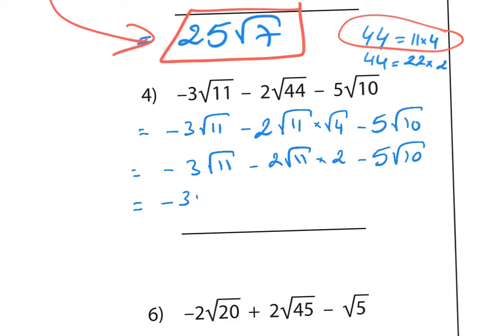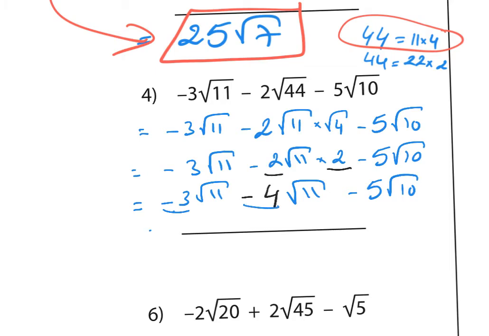We got negative 3 square root of 11. And here we have negative 2 times 2, that will be negative 4, right? Negative 4 square root of 11 minus 5 square root of 10. So here we have negative 3 and negative 4, so it's like we're adding two negative values.